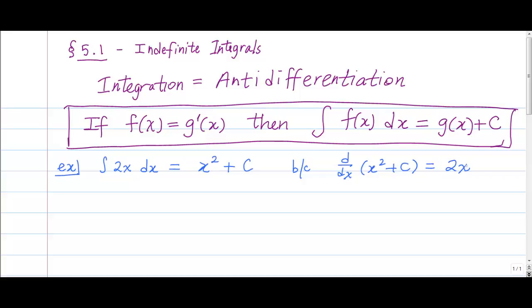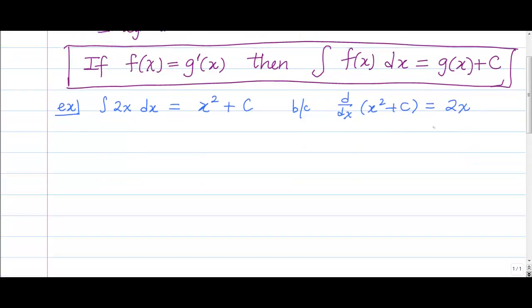Okay? So just like we have a power rule for derivatives, we have a power rule for integration. And the power rule says the following.